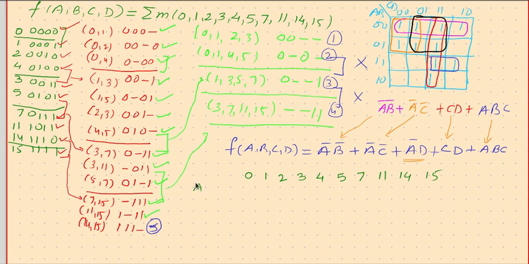We have A bar, B bar, we have A bar, C bar, we have A bar, D, we have CD, and we have ABC. These are the 5 terms we get from our QM method. So this is our first term, this is our second term, this is our third term, this is our fourth term, and this finally fifth term.